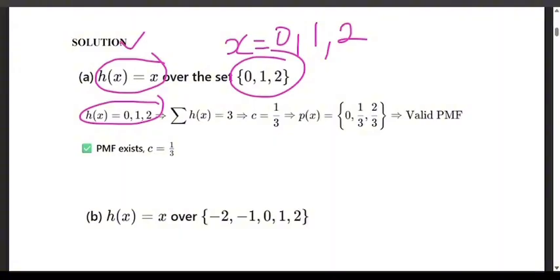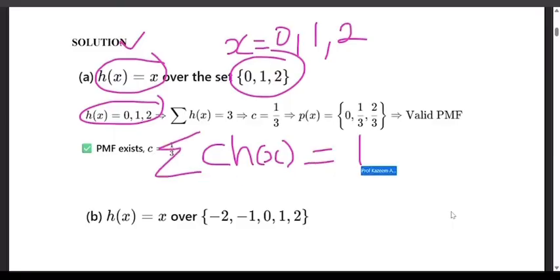Based on what they asked you to do, they want to figure out what P of S has to be. So you multiply H of S by C, and then you sum them. When you sum them, they have to be equal to 1.